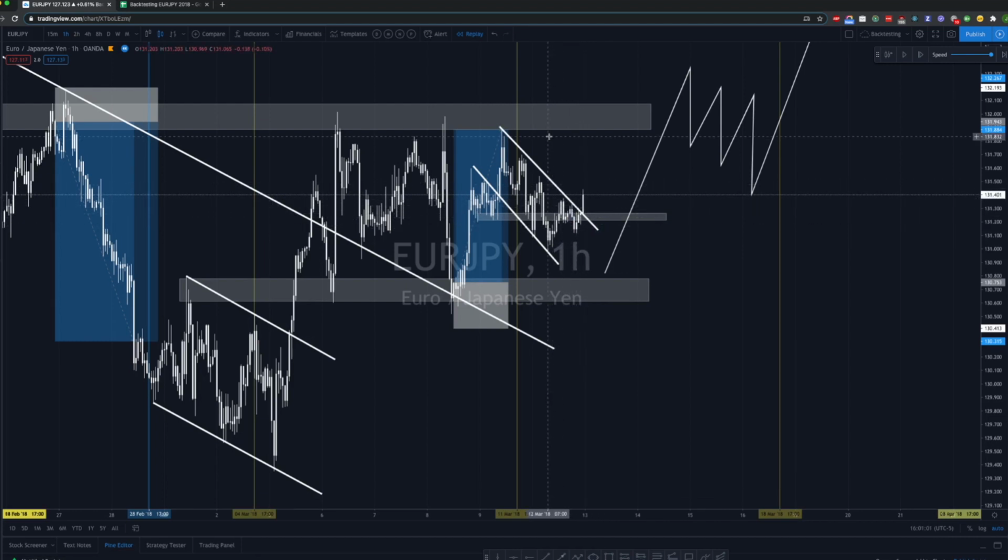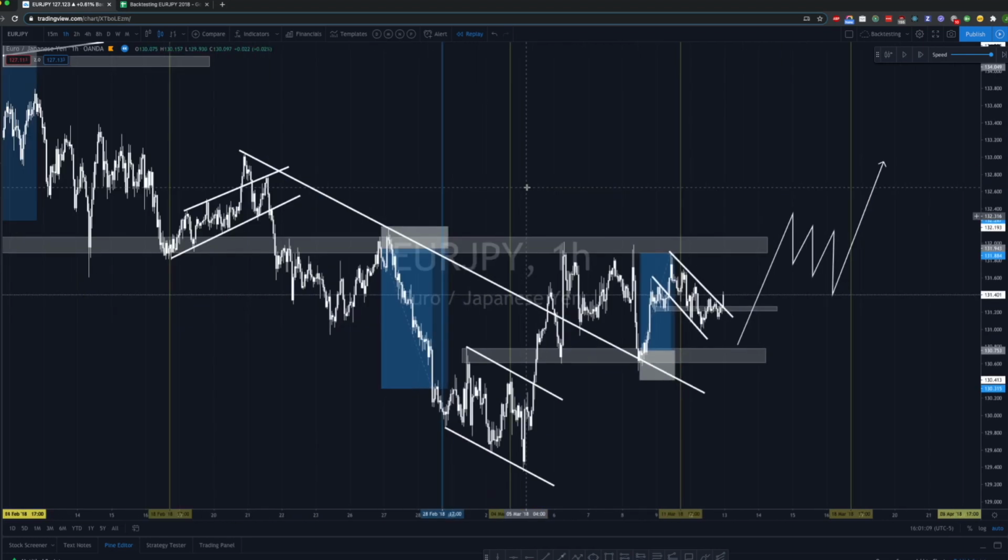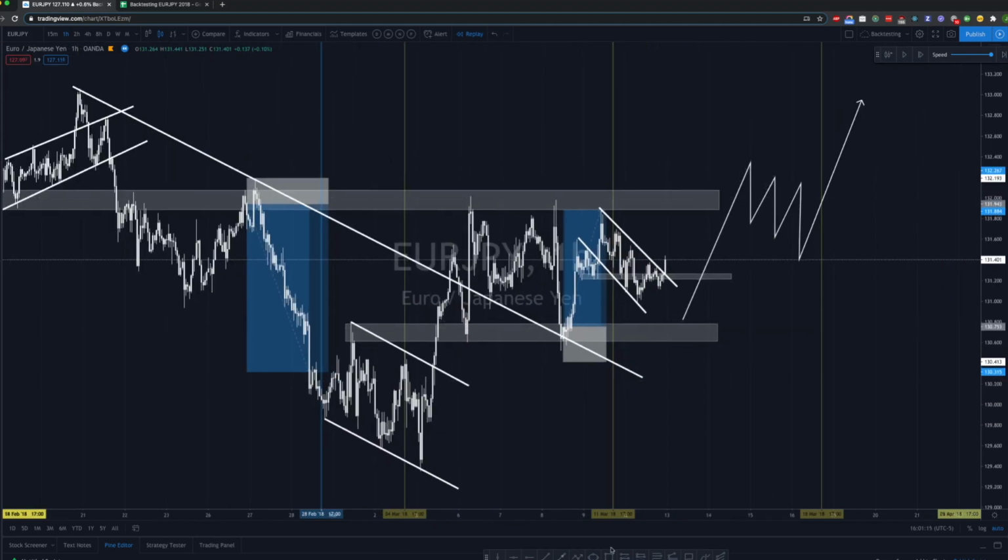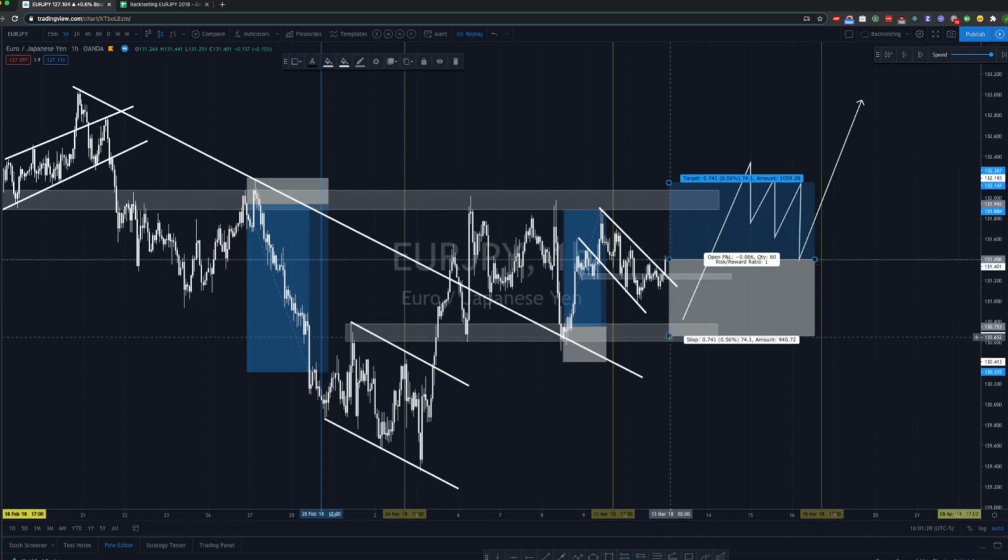So I'll take a position here, target these initial highs here, same as what I did before, and see if we get further targets of probably these highs around here. And stops will go just beneath this sort of wick, but we'll see what risk to reward we get, right?